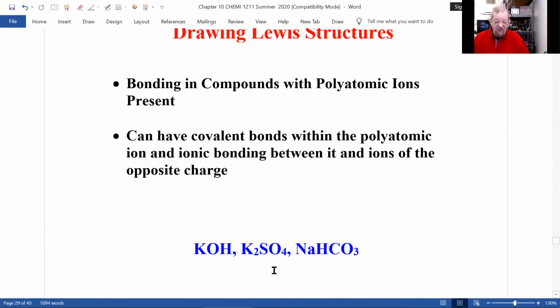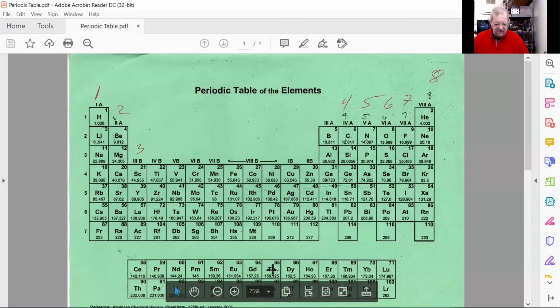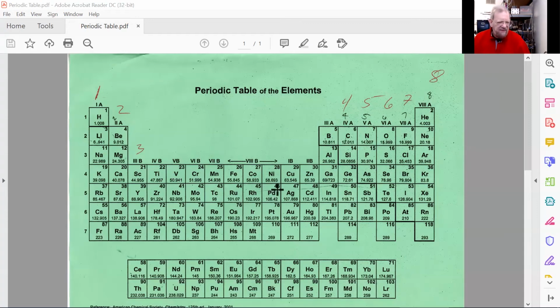Before we do that, I have to point out something very important. Look at the periodic table. This is important: alkali metals, not hydrogen, and alkaline earth metals always form ionic bonds.